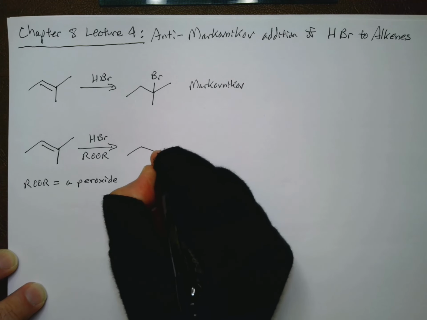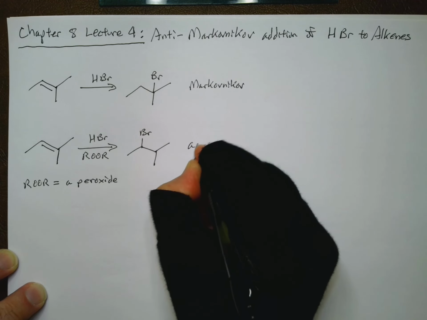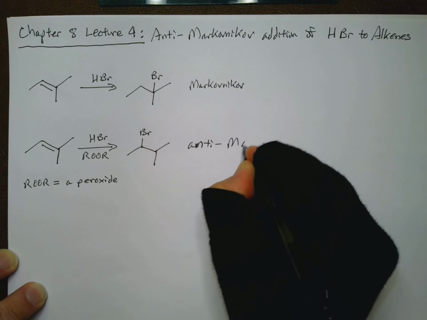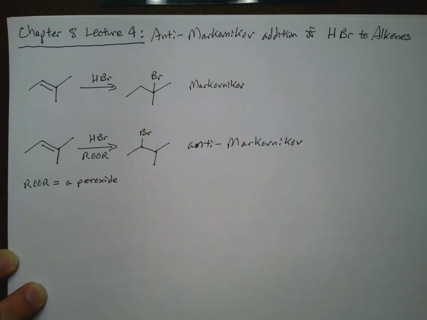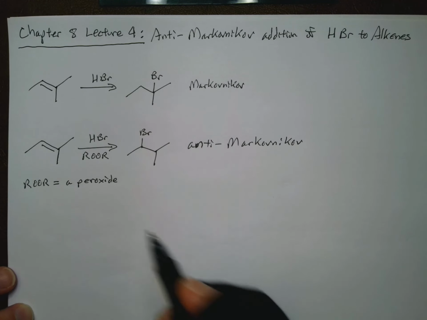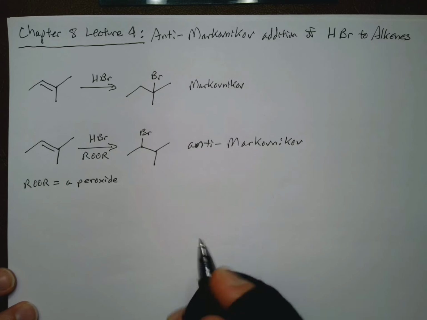What we end up getting is the bromine adding anti-Markovnikov. We get an anti-Markovnikov addition. The bromine goes to the less substituted. And the reason for this is the mechanism.